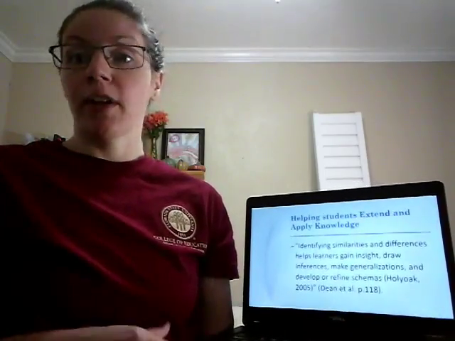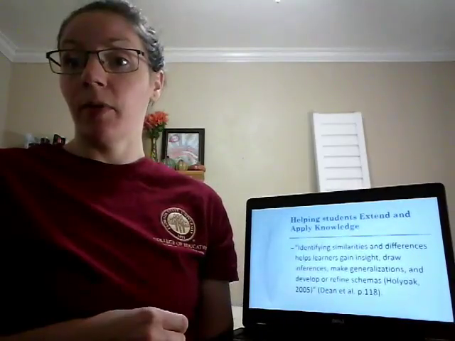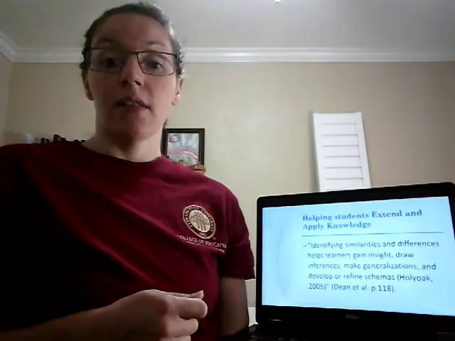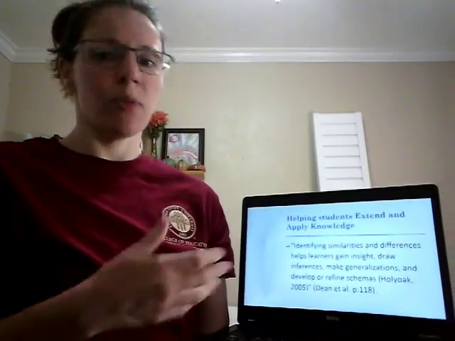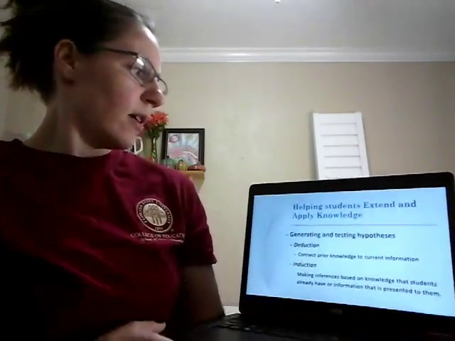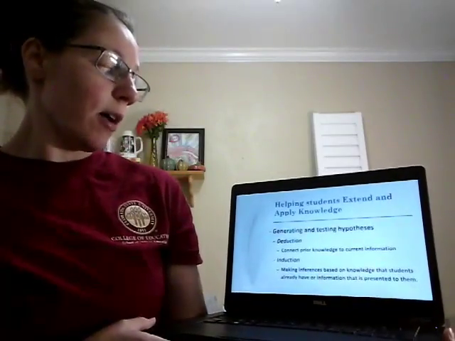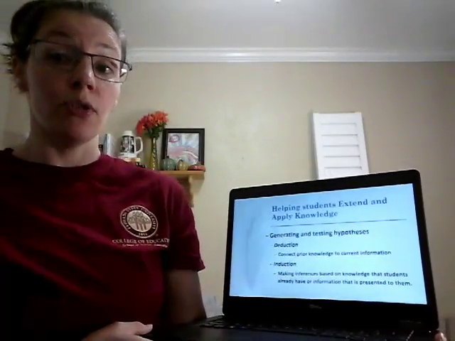And then further connecting that back to the title that we had of the collection, Building a Democracy, and the quotation as well as the image. Helping students extend and apply that knowledge, so generating and testing a hypothesis, giving them an opportunity to do that.